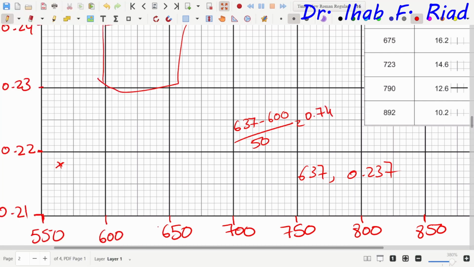What does it mean? We again look at the first number after the decimal point. It is 7, meaning it is 7 small squares after the 600 mark. What does the 4 mean here? It means that it is closer to square mark number 7 than it is to 8. And this is how we do it.